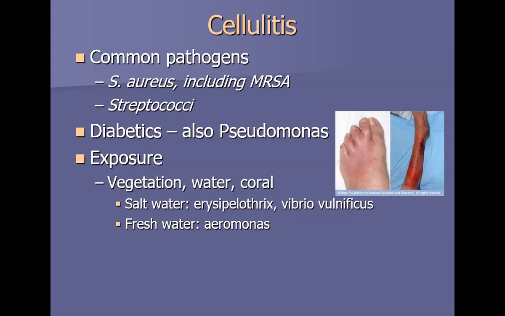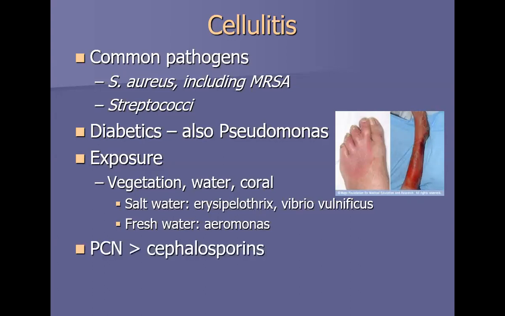Or if he was swimming in the Gulf of Mexico and he got an abrasion with coral and he's got Vibrio vulnificus. Or I had someone who was trying to get crabs to eat. He was getting it out of the water and it nipped him and he had Erysipelothrix in his blood. So think about that, like what led to this? What was going on before this occurred?